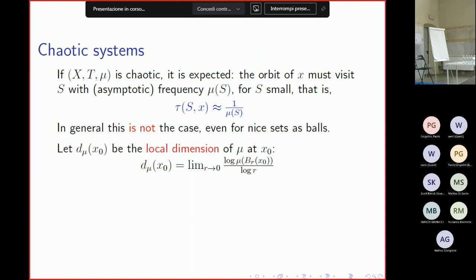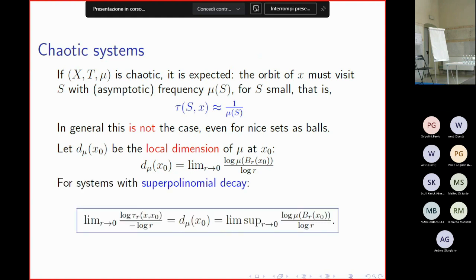If we denote the local dimension by d mu at a point x0, the local dimension is the limit, when the radius of the target goes to 0, of this quantity here. For systems with superpolynomial decay, it was proved that this limit, for the hitting time, is just the local dimension of the point.